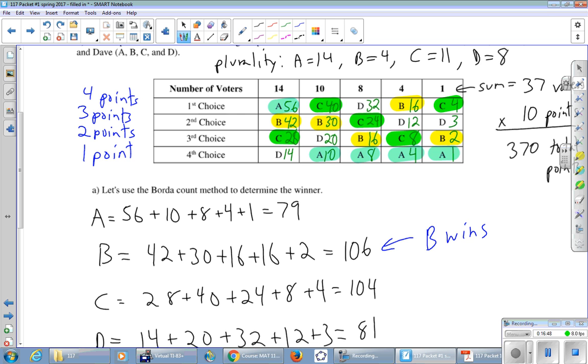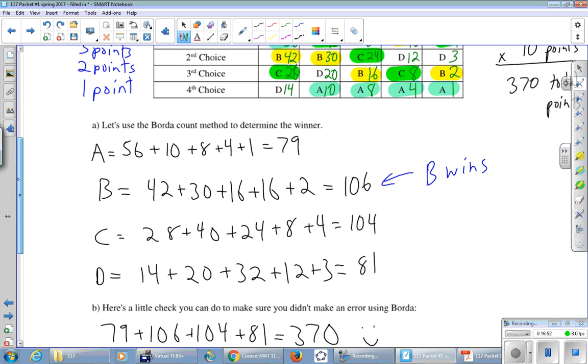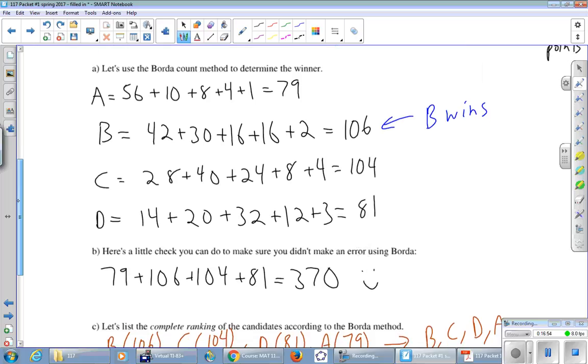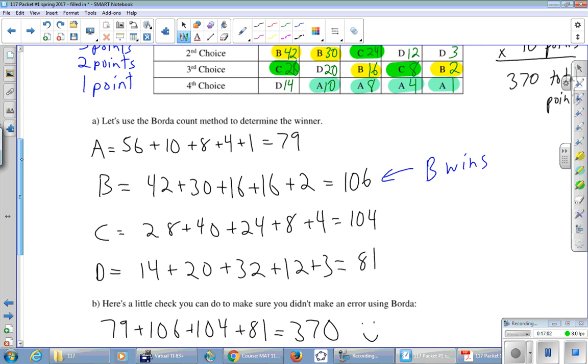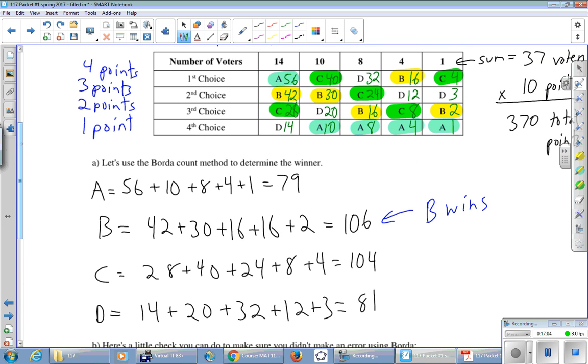But then if we compare the winner A with the plurality method to how A fared using the Borda method, not only did A not win using the Borda method, but we saw down here in orange that A was actually dead last in the Borda method. And the reason becomes clear if we look at how A did. We highlighted A in blue highlighter. There were 14 people who thought A was the best, but every other voter in this election thought that A was absolutely the worst.